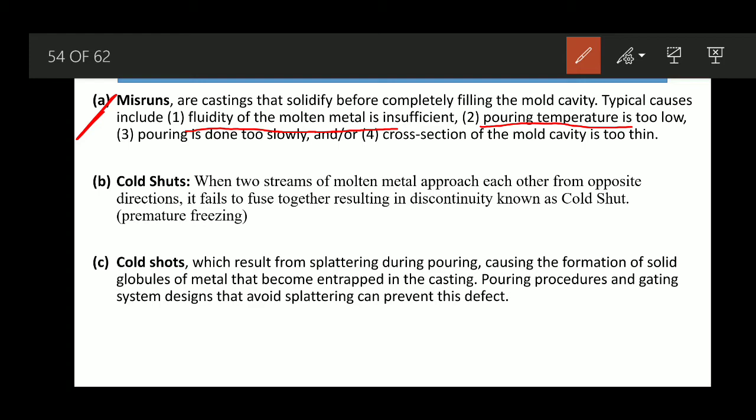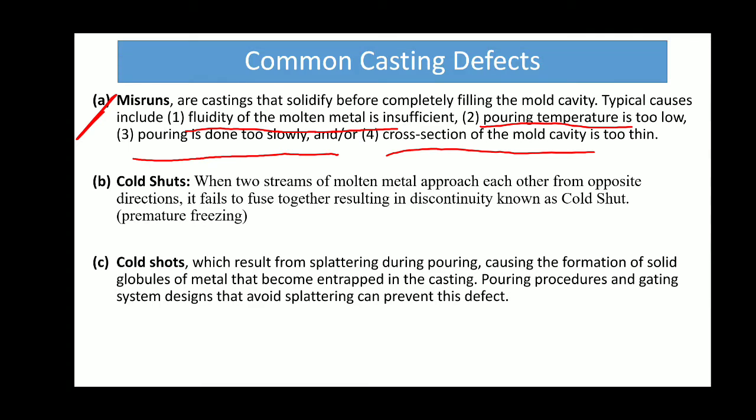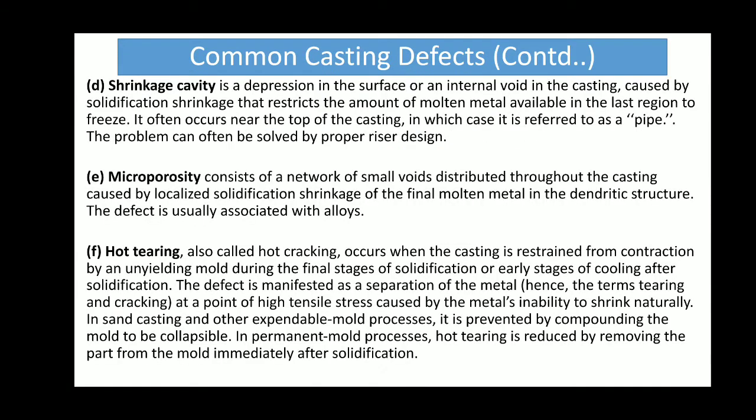Similarly, sometimes the rate of pouring is very slow. It means we are pouring the molten metal very slowly, and by the time we are done with the pouring, some portion had solidified before reaching even the farthest positions. Sometimes the reason may be that the cross-sectional area of that particular zone of the mold cavity is very thin, which hampers the proper entering of the molten metal there.